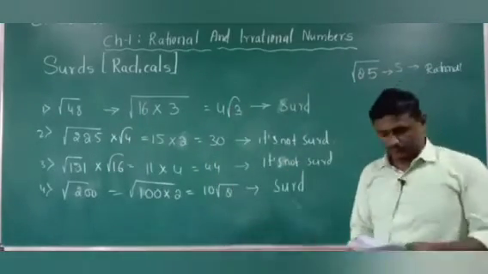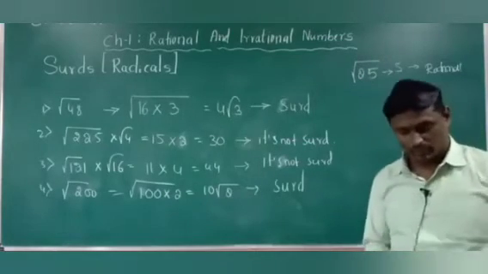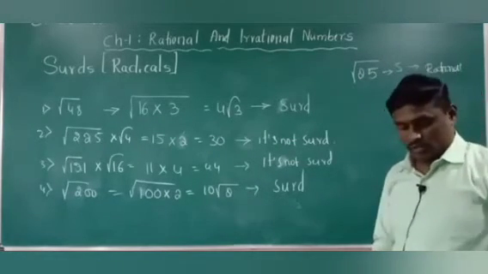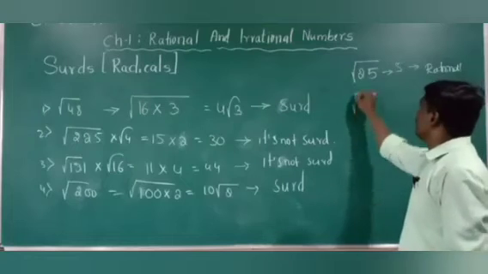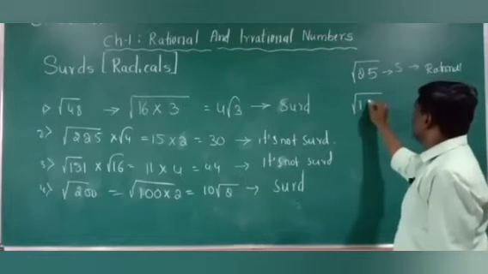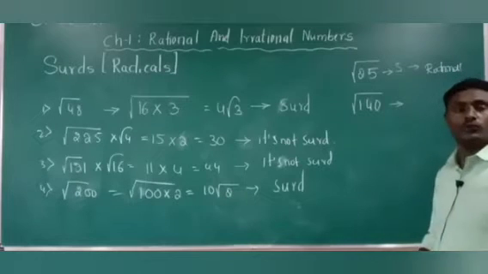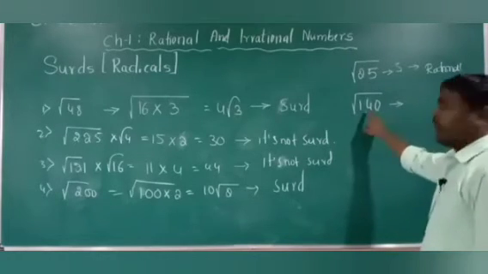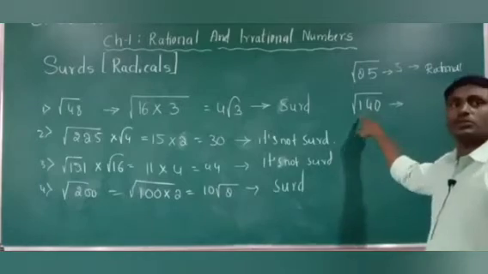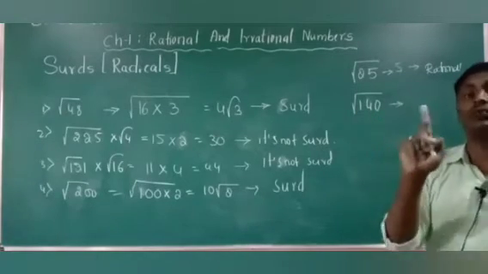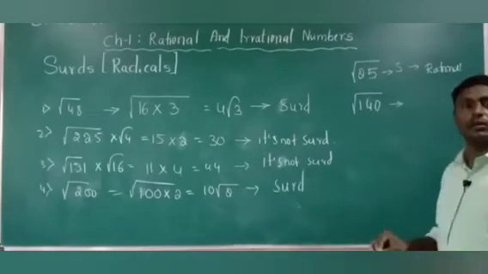Next one. See the next question: root 140. Can you split the root 140? Must and should, while you are splitting square root values, at least one factor should be a perfect square number.